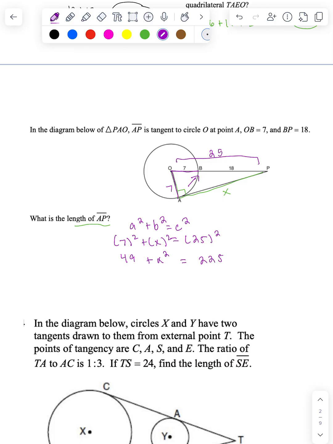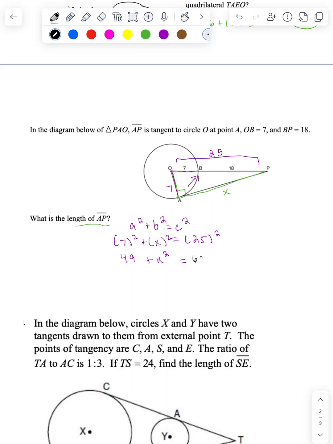From here, we can solve for the missing side. If I do 225 minus 49, I get 176. Oh, sorry about that. That's not 15 times 15. We have 25 times 25.